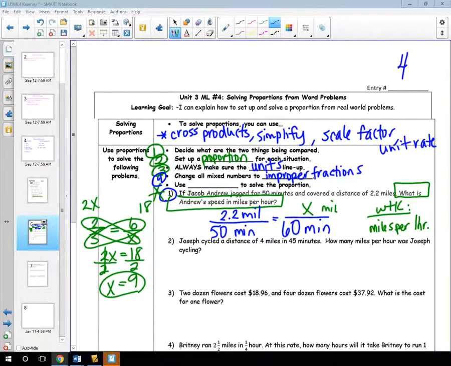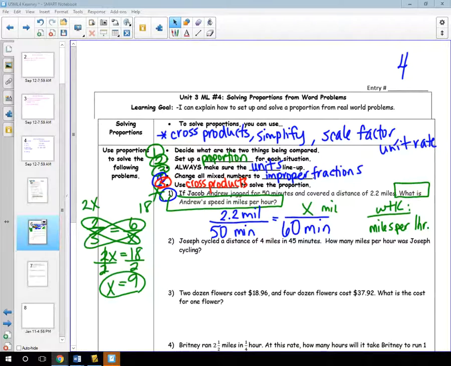Okay? And then the last step here, step 5, is we're going to use cross products to solve the proportion. So we're going to simply cross multiply and divide. Okay, so we know that 2 ratios that are proportionate, their cross products must be equal.